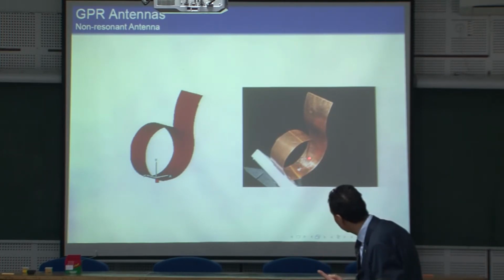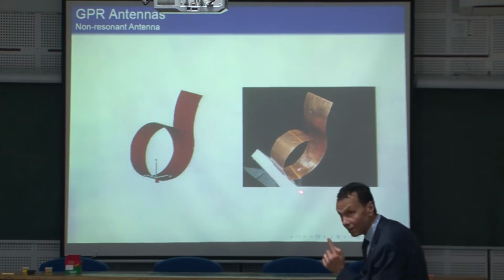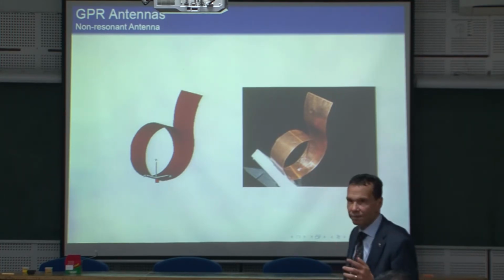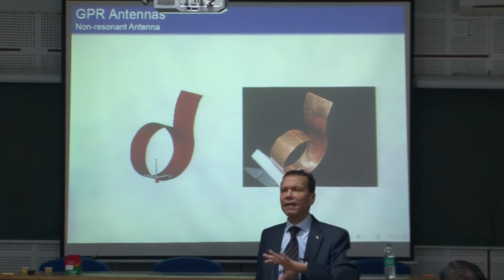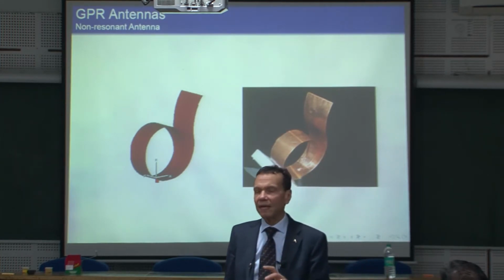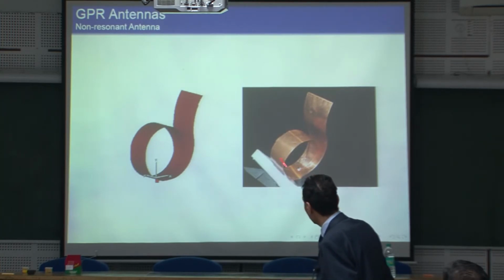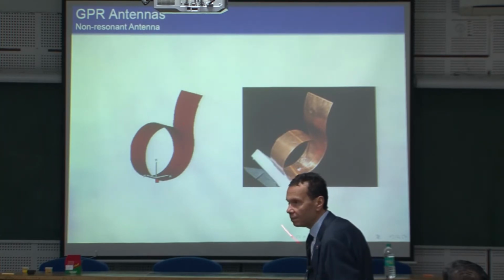The inner conductor is soldered here on the tip, and the outer conductor is soldered here. This is the antenna. And he explained its function as this loop here is equivalent to a magnetic dipole.